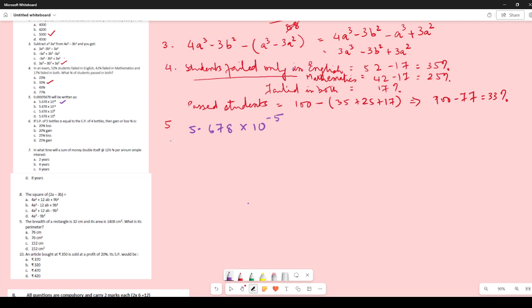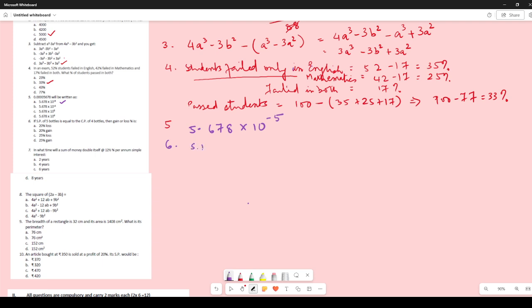Alright, now let us take up question number 6. If SP of 5 bottles is equal to the CP of 4 bottles, then gain or loss. So let us first find out which is greater, the CP or the SP. Now SP of 5 bottles is equal to CP of 4 bottles.